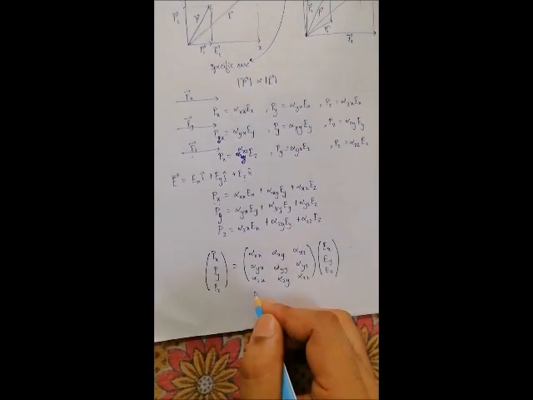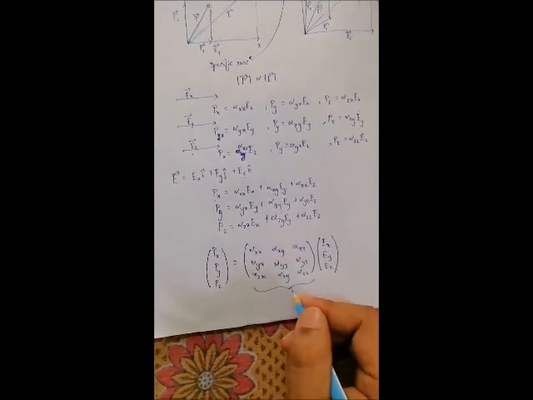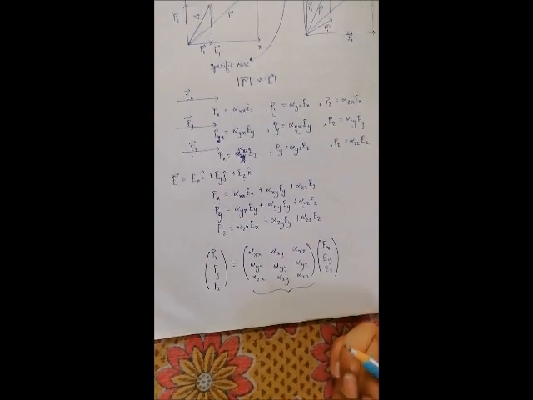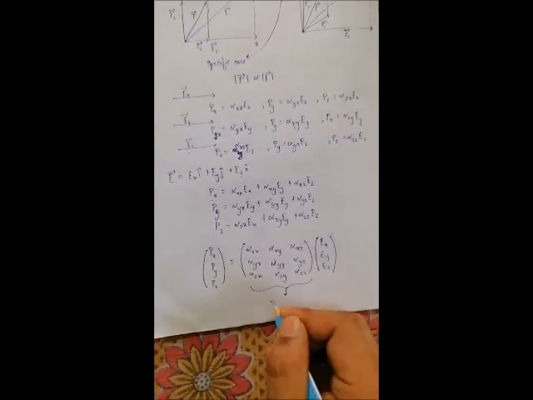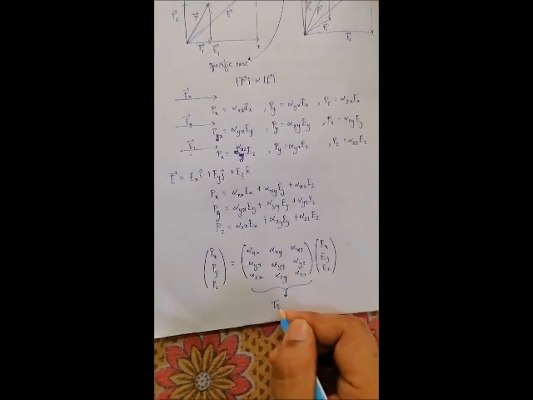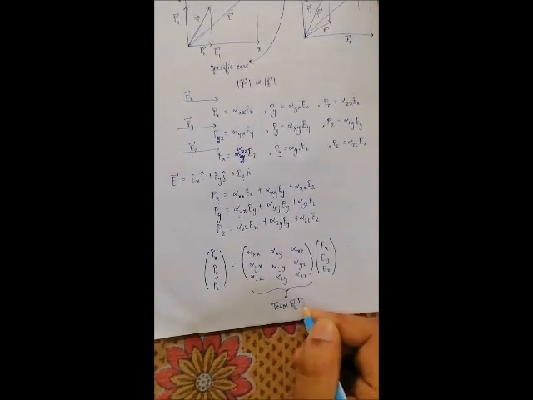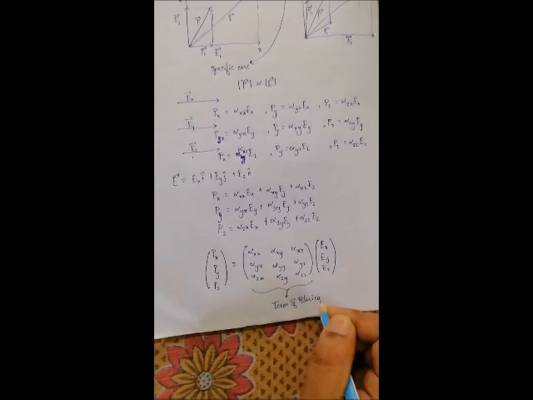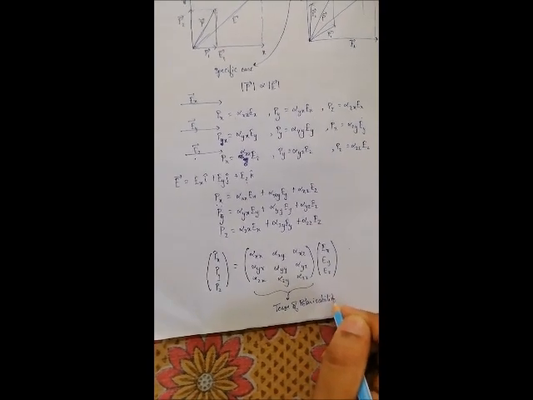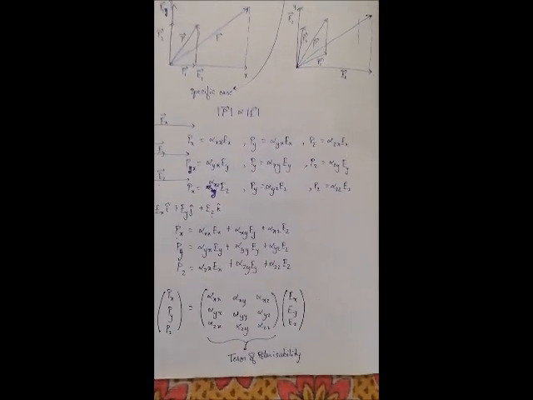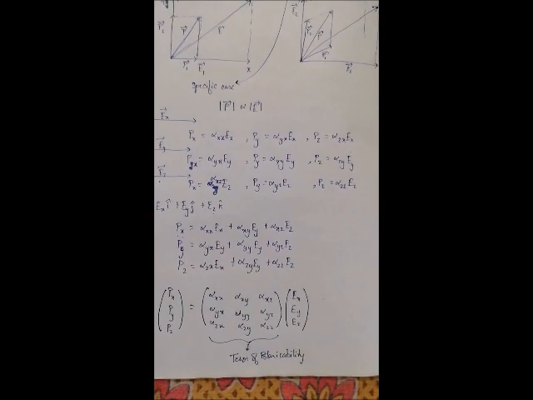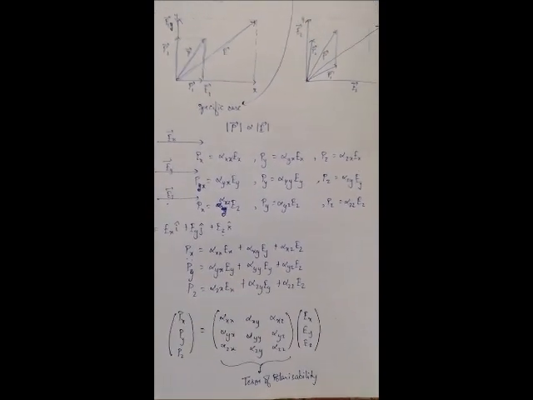So this quantity which we just derived is known as the tensor of polarizability. A similar tensor can be built for other cases like magnetic polarizability, and there are lots of other cases where you can build higher dimensional tensors.